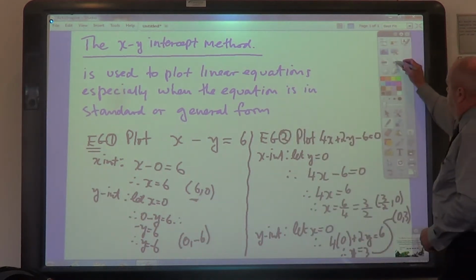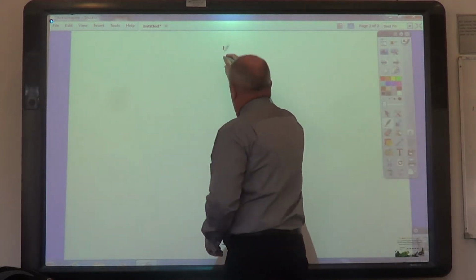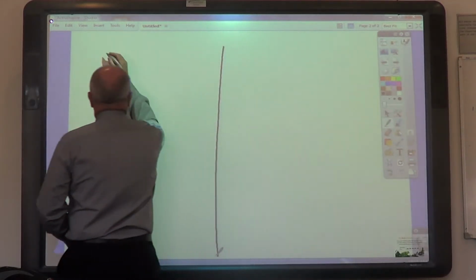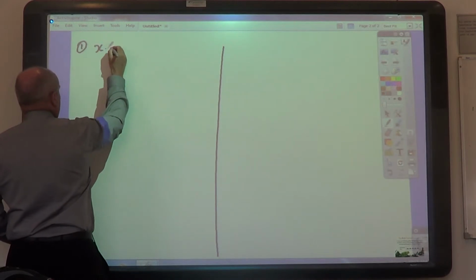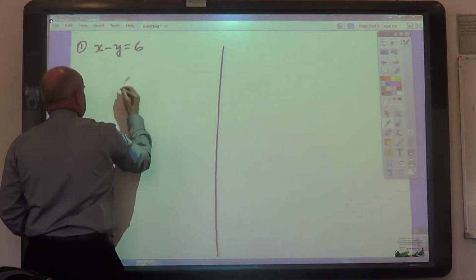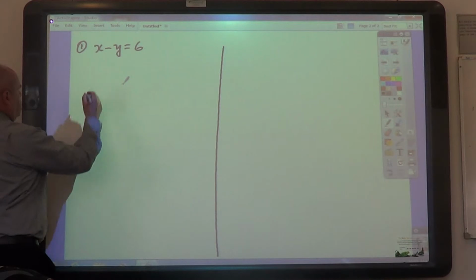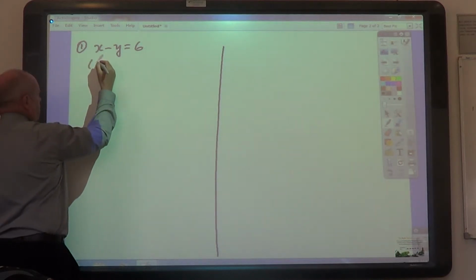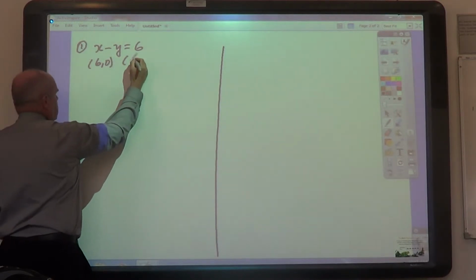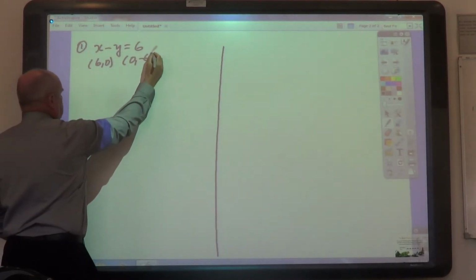What was my equation again? X minus Y equals 6. So, the X-intercept was (6, 0), and the Y-intercept was (0, -6), wasn't it?